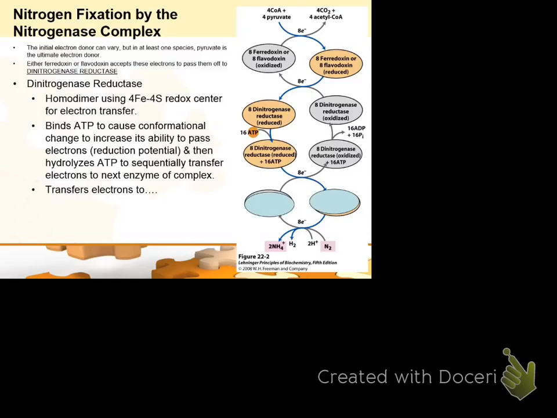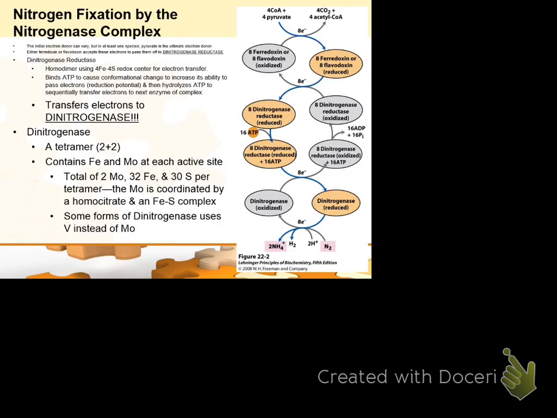It's something even more simple based off of its name. Dinitrogenase reductase. So it is reducing dinitrogenase. Dinitrogenase is the enzyme that does the atmospheric nitrogen. Okay. So dinitrogenase goes from the oxidized state to the reduced state, and then it can go on and reduce the N to ammonium.